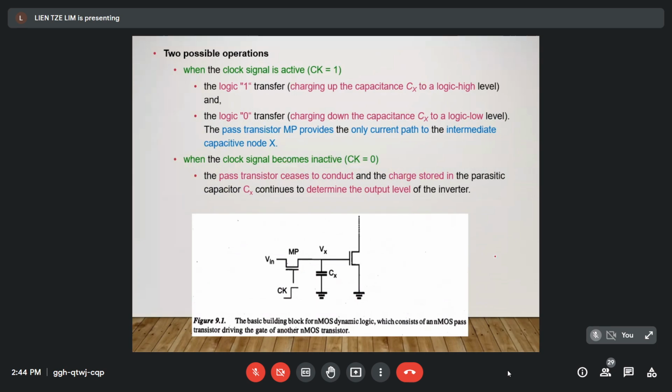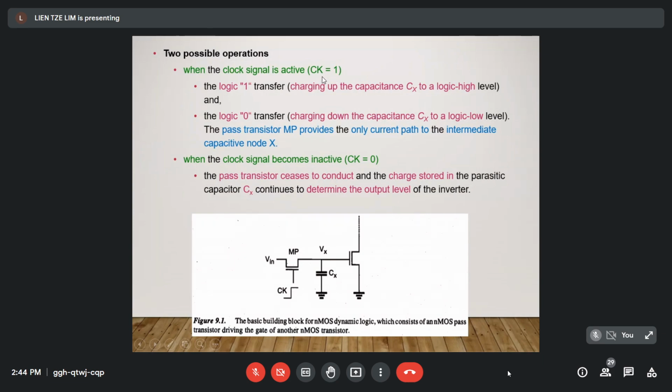There are two possible operations, based on the clock signal. The clock signal is either active or non-active. The first operation is when the clock signal is active. In short we can write it as CK equals 1.